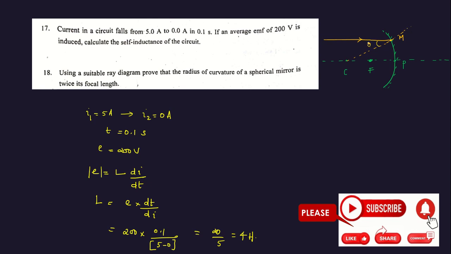Angle of incidence say theta. So it must be reflected with the same angle, that is theta. I am drawing a perpendicular to the principal axis, so it is labeled as D. If this angle is theta, then this angle becomes theta, but this angle becomes nothing but 2 theta.